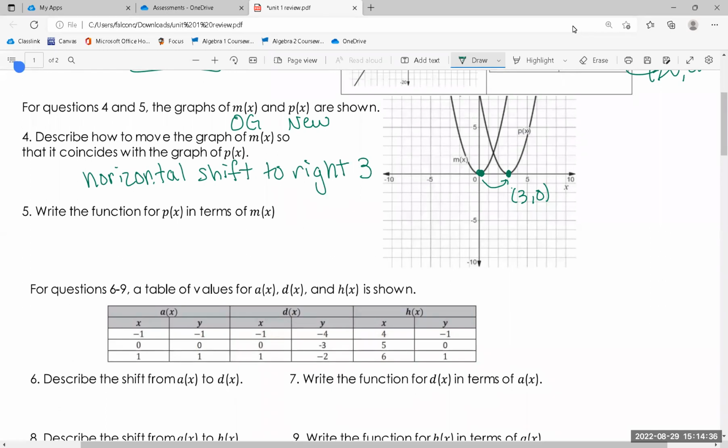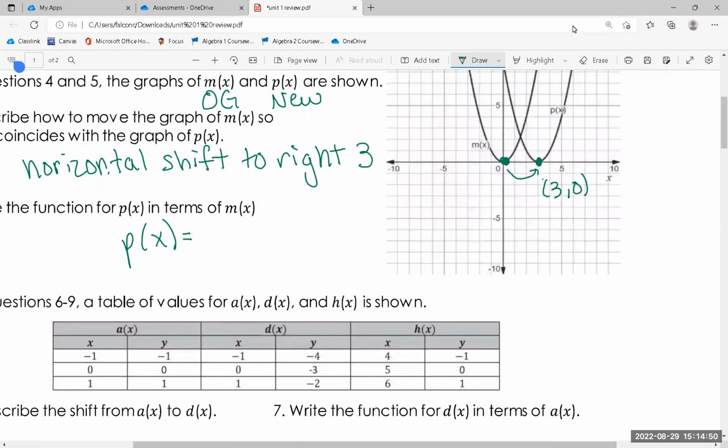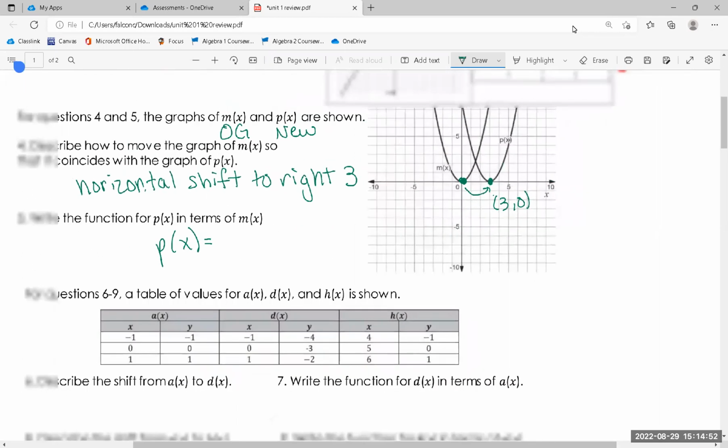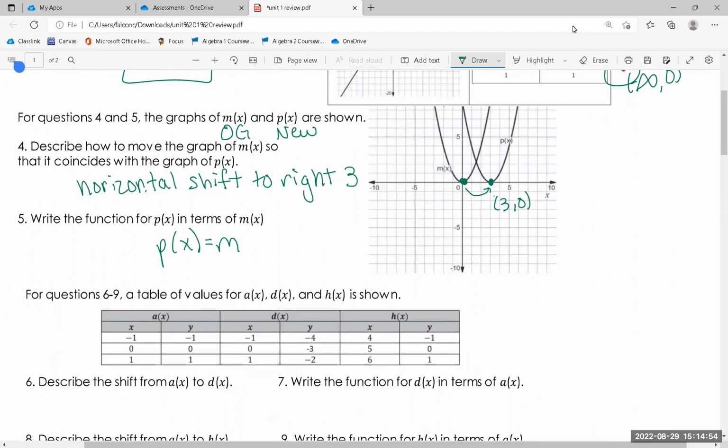And then if we want to write the function p of x in terms of m of x, p of x is the new. So the p of x goes first, right? We're writing this p of x in terms of m of x. So we're taking m of x and we will be subtracting 3 inside the parentheses.